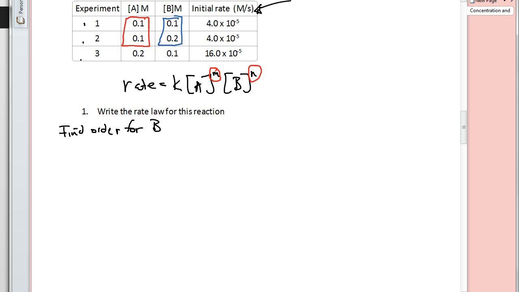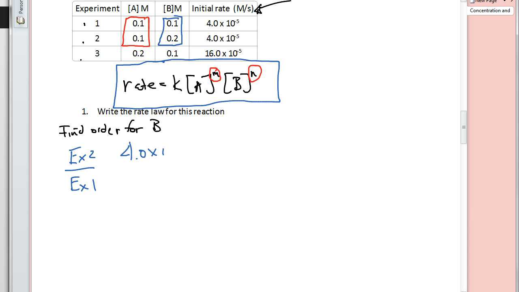Okay, so what I'm going to do is take experiment number 2 over experiment number 1. And I'm going to write out a sketch of what the whole rate law would look like. Remember, the rate law is going to take this form right here, rate equals K, and all this good stuff. So for experiment number 2, I'm going to go ahead and actually write the rate. So for experiment number 2, the rate is 4.0 times 10 to the negative 5th. And I got that right here.